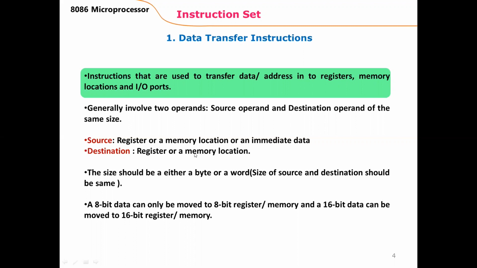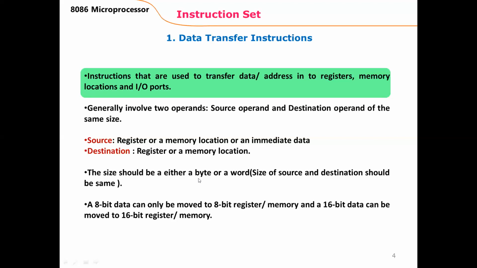For a memory location, there are different ways to describe it. It can be directly given in the instruction, or it can be stored in a register, and the register is mentioned in the position of the destination. Now the 8086 microprocessor has an advantage, that we can perform either word operation or byte operation.